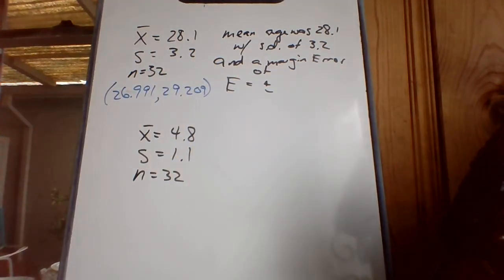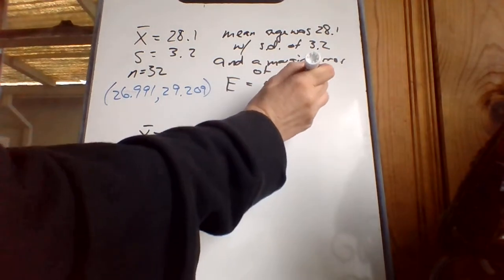Okay, and then I do my big minus little over here. 29.209 minus 26.991 divided by 2. 1.109. I'll round that to 1.1. Okay, so then I go back to my slide and I write 1.1 years.